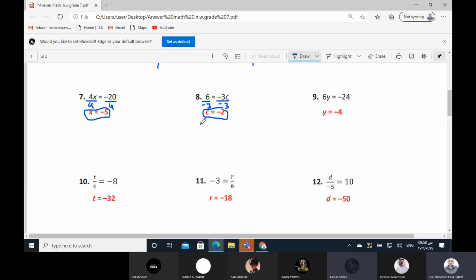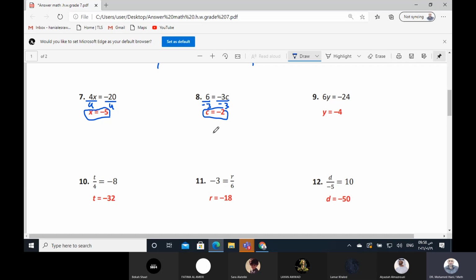Who has any question here in exercise 8? Mister, in minus 3, why didn't we change the sign? We changed the sign because the sign of 6 is positive and the sign of 3 is negative. Positive divided by negative will be negative. I know, Mister, but when we multiply, we shouldn't change the sign.